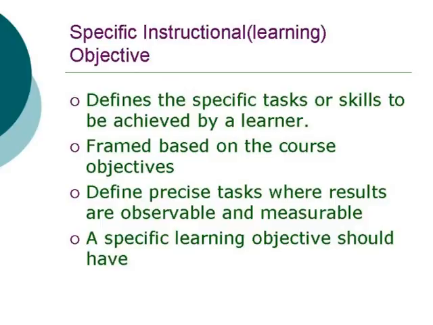So now we go on to the final part of the session, which defines the specific tasks or skills to be achieved by a learner. It is based on the course objectives. See, this is where the course objectives come in. When you are planning a training program based on certain needs, they form the general objectives.